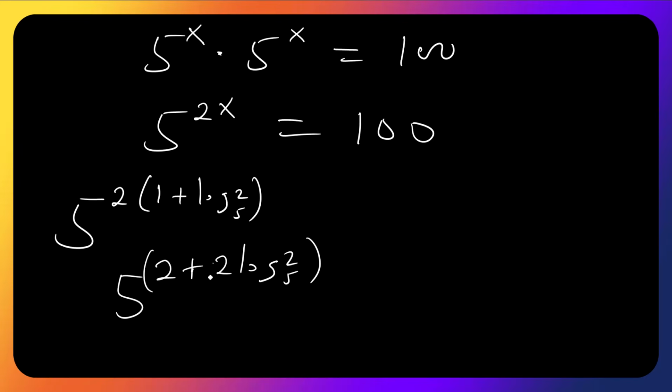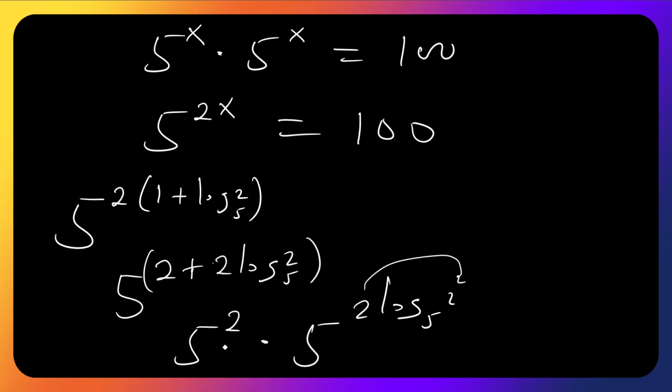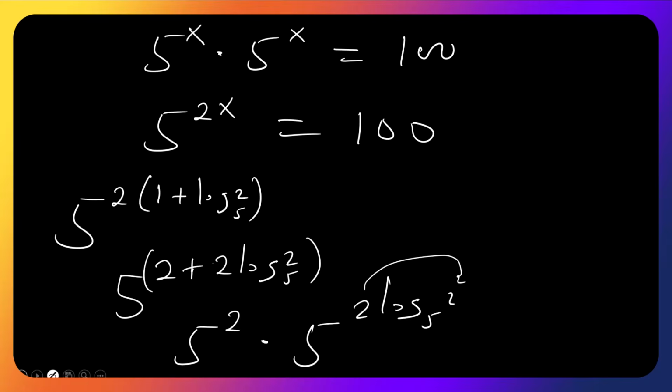Okay, this one will be 5 to the power 2 times 5 to the power 2 log 2 to base 5. So this side is 25, and this one will come behind here. That will be 25 times 4 to base 5.